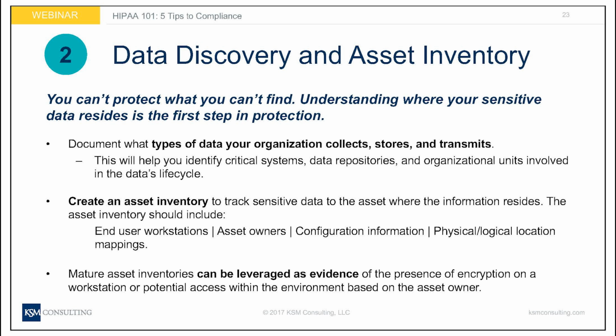That was because we had the asset inventory to a mature state where we could make that tie back from a very systematic and technical control perspective. The OCR was able to gain confidence that the machine, although lost, was fully encrypted, and we knew who the owner was and what level of system access they had.